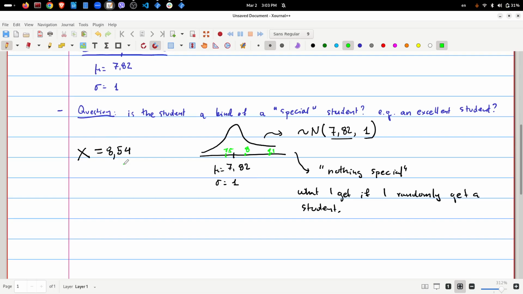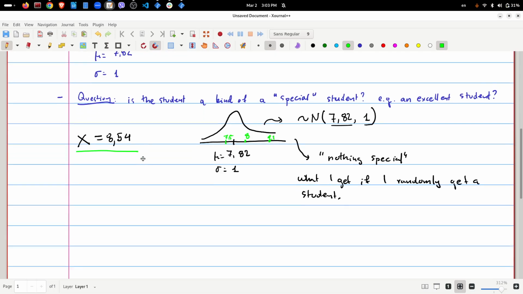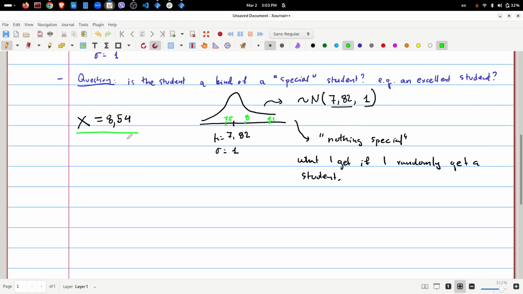And thus I have to decide whether this 8.54 is something special. In other words, if I can make the claim that this average mark comes from this distribution, or if it comes from another distribution, probably with higher mu.